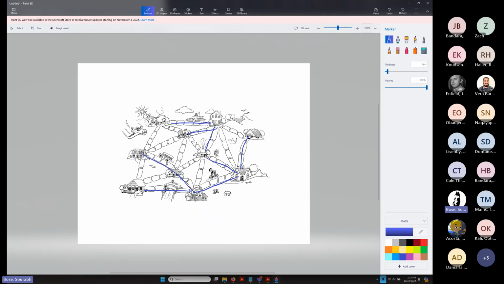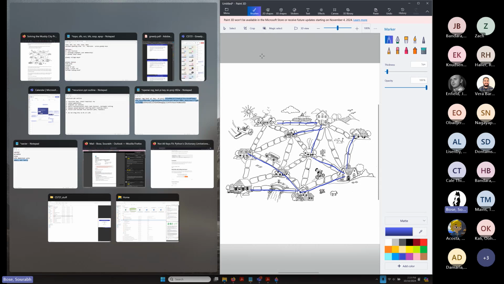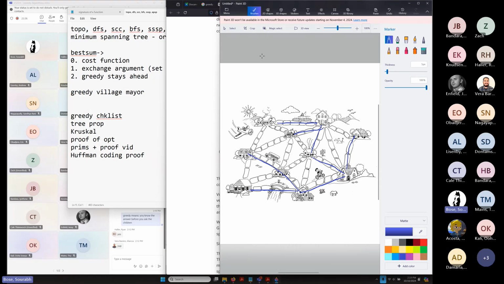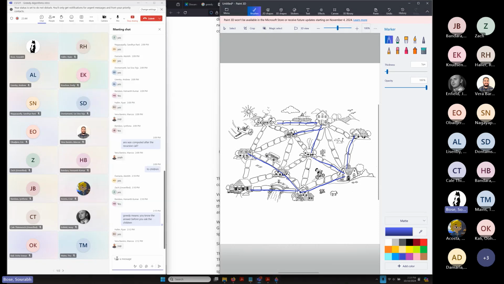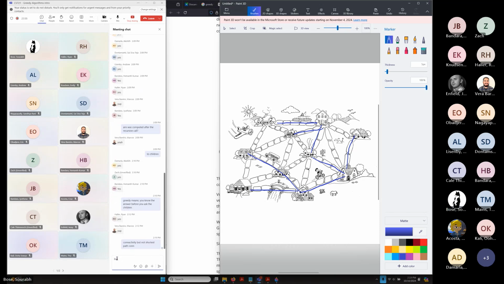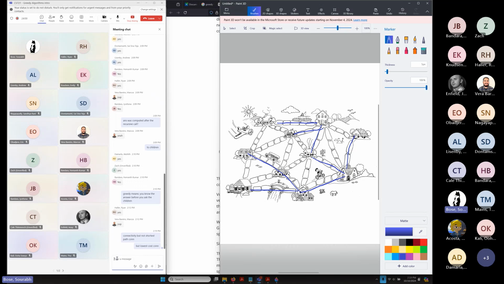So do you see that if we just maintain these blue roads, everybody in the houses can still reach every other house, every other place. It just might not be the shortest path anymore, but it is still connected. Does that make sense? Connectivity, but not shortest path connectivity, but lowest cost connectivity. The overall cost of the thing will be the lowest cost.